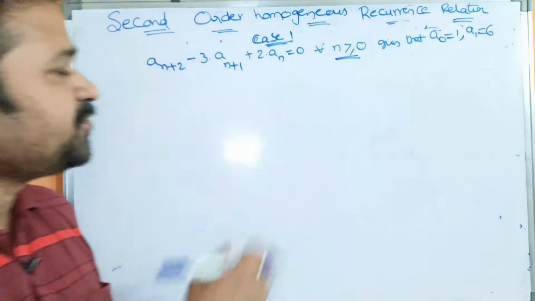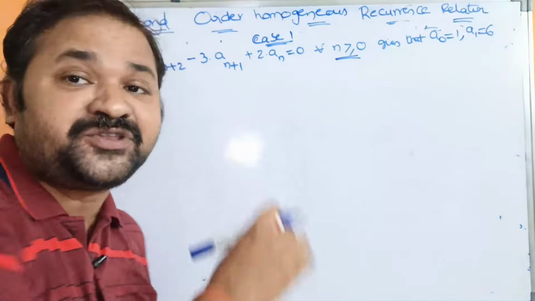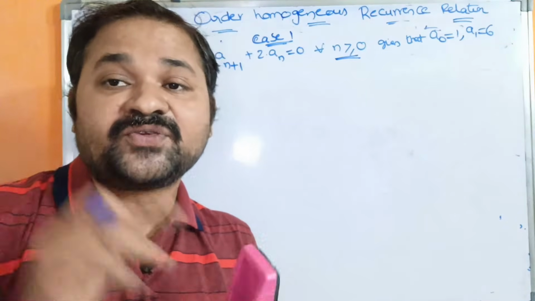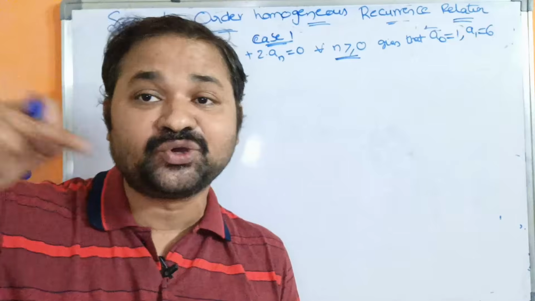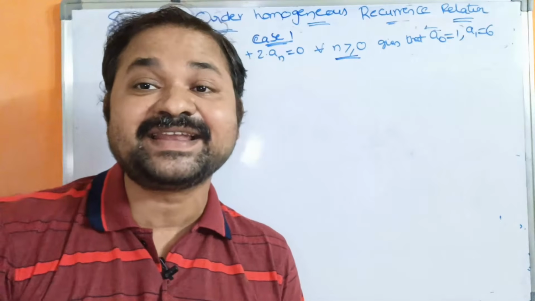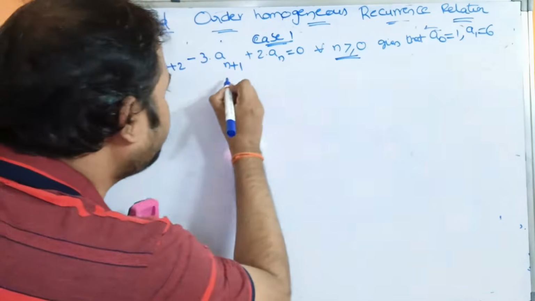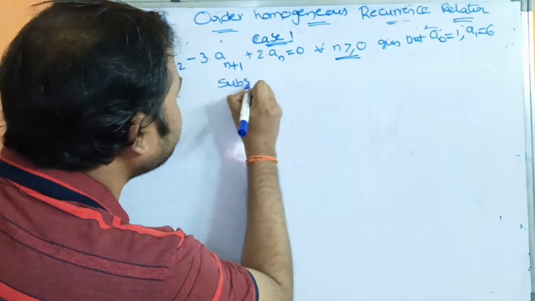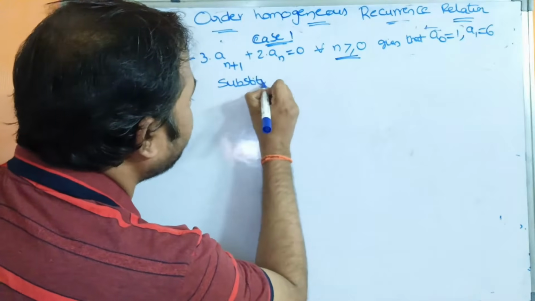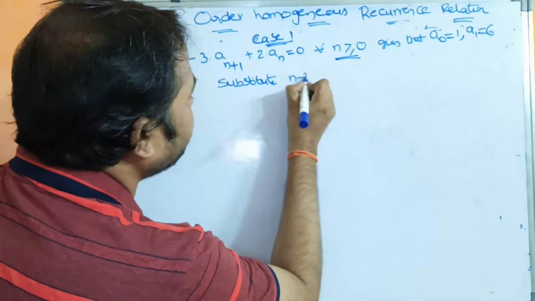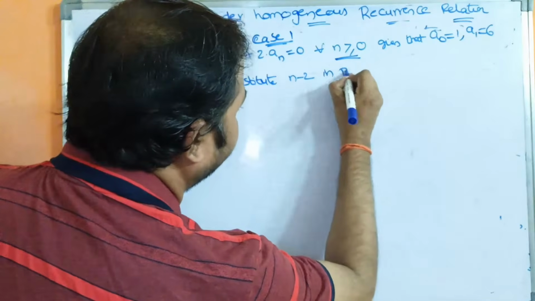So now what we have to do? In place of n, we need to substitute n minus 2. So n minus 2 greater than or equal to 0, then we can write n is greater than or equal to 2. So in order to get the second order homogeneous recurrence relation, we substitute n minus 2 in place of n.